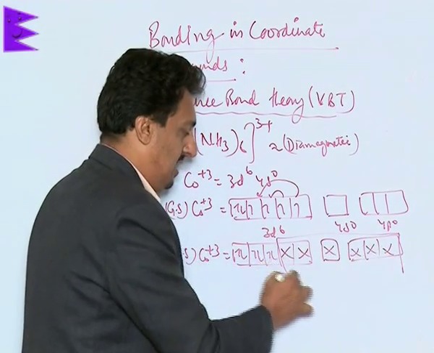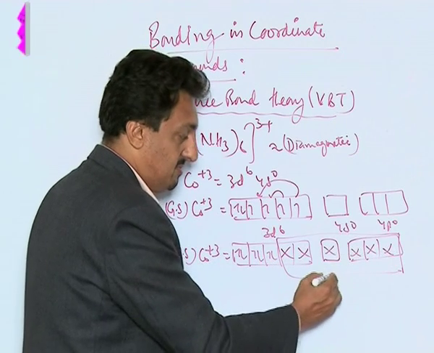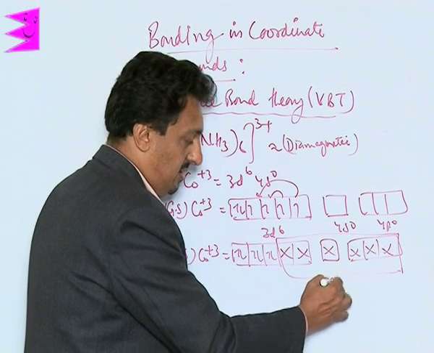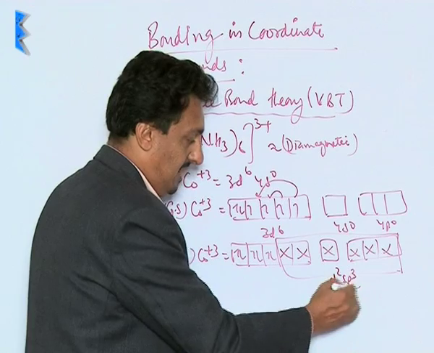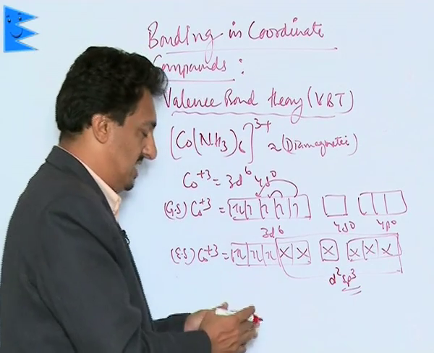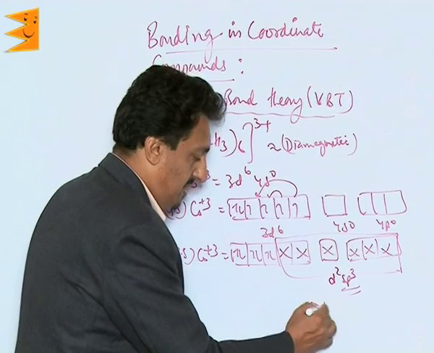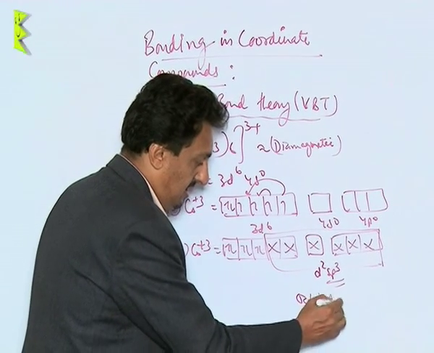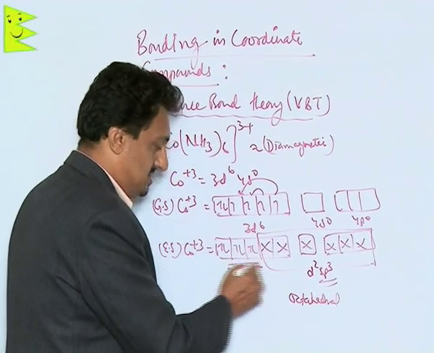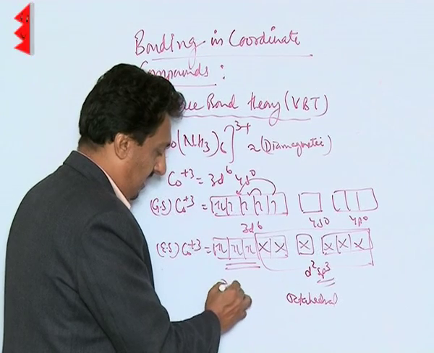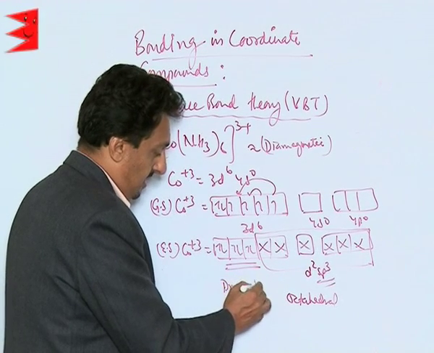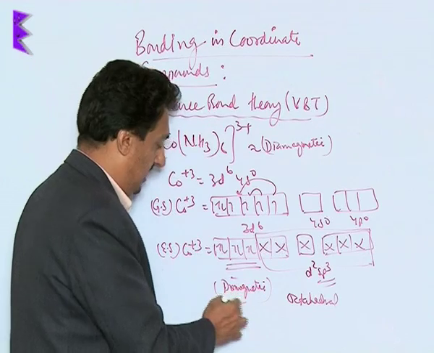So these n-1 d, s and p3 combine, and it is called d2sp3 hybridization. Because of this the complex will be octahedral, and since all electrons are paired, it will be diamagnetic, as obtained from its magnetic moment data.